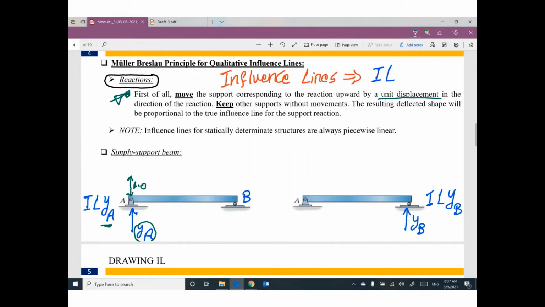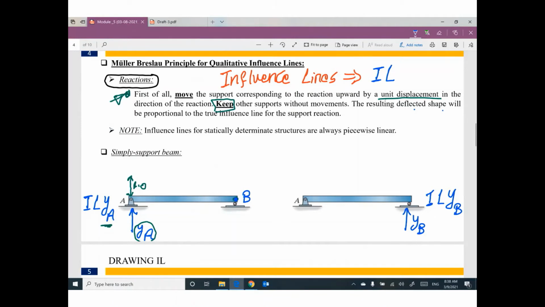Please keep any other support without movement. So the other support will not move. The resulting deflected shape will be the influence line for this reaction.